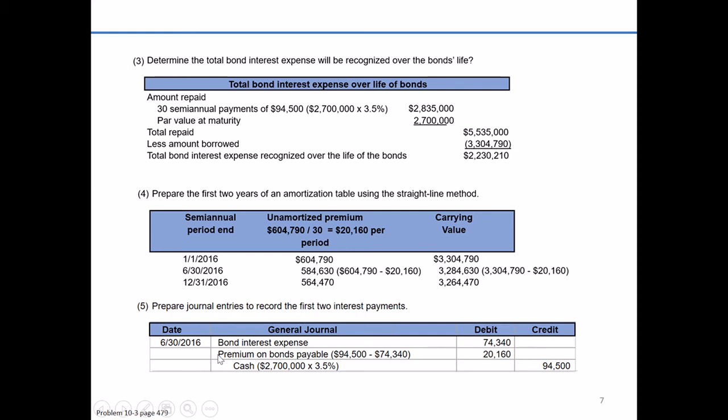Remember, premium on bonds payable is an adjunct liability account. It has a normal credit balance, so we would reduce it by debiting premium on bonds payable for $20,160. That rounds out a balanced journal entry, and again, that's the same journal entry that we'll record for all 30 periods where we record an interest payment.